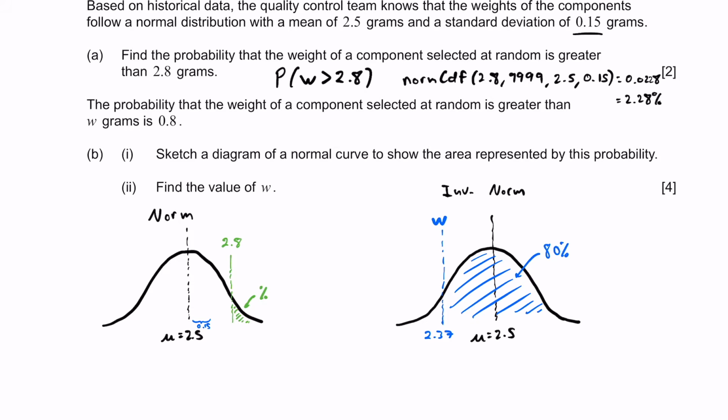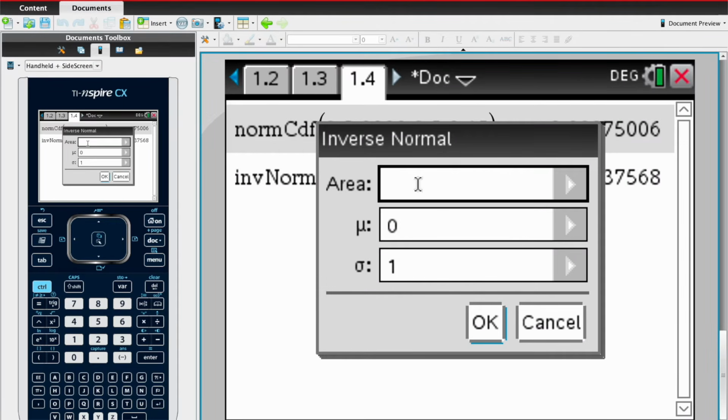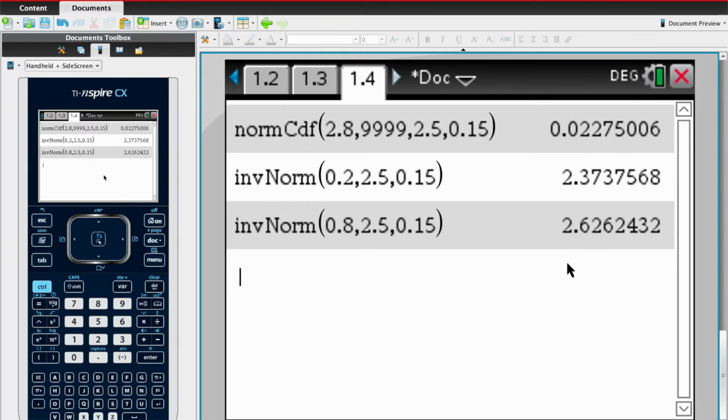Maybe I'll actually just go back to the calculator for a sec. Under inverse normal, if we had chosen an area of 0.8 and kept our mean and standard deviation of 2.5 and 0.15, we would get this value of 2.62.